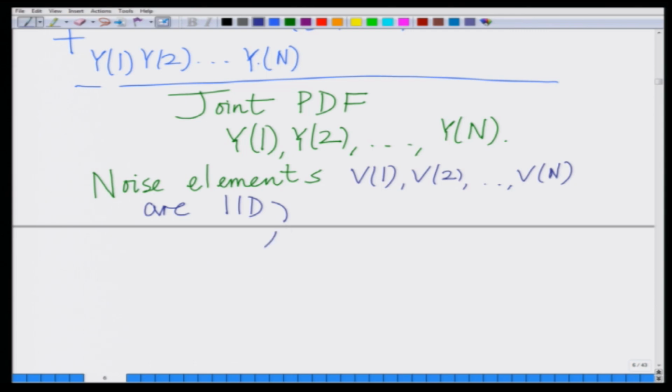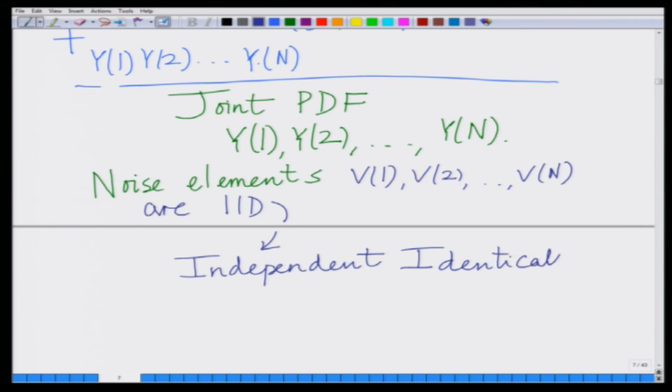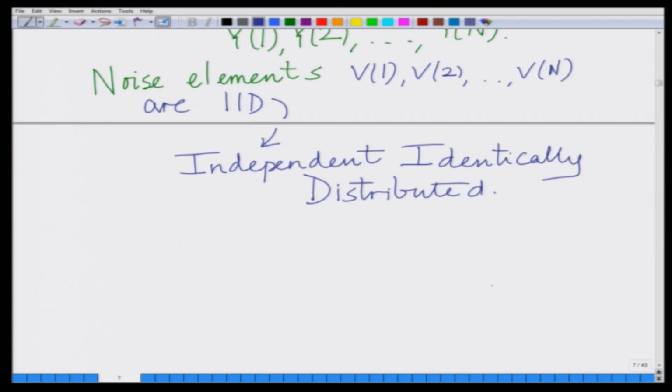What do we mean by IID? That is, they are independent and identically distributed. That is, all of these are identically distributed.